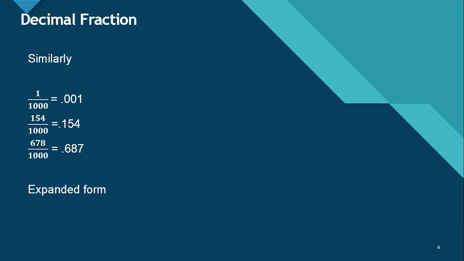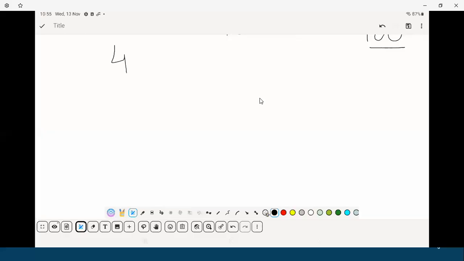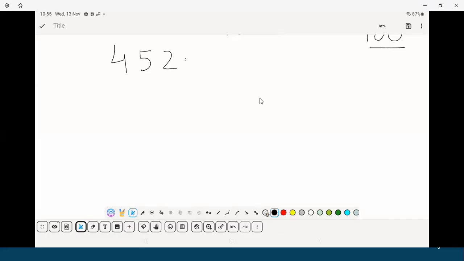So how will we write it in the expanded form? Suppose I have an example. Let's quickly move to the whiteboard to see the example. Suppose the number is 452.15. Suppose I have a number that I want to write in the expanded form.